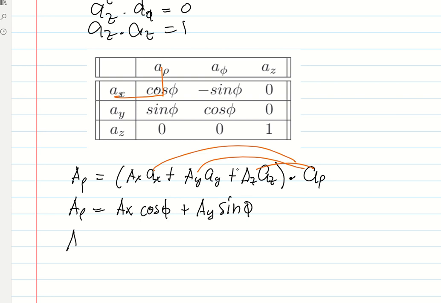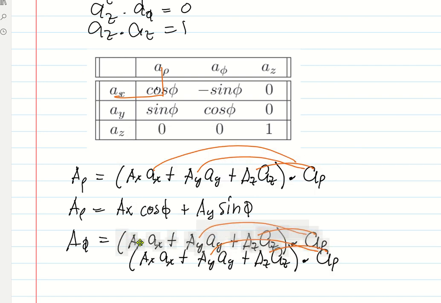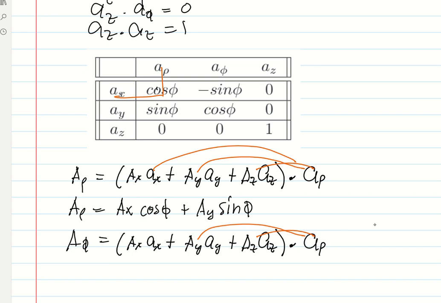For A phi, repeat that process again. You can just copy this and just change this raw into phi. So what will be our A phi? So AX dot AV.